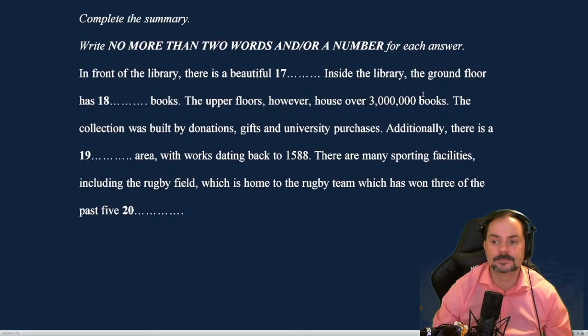As we step into the library, I think what you'll notice at first is the fact there are no books. Indeed, there are no books at all on the entire ground floor. On the 5 upper floors, however, there are over 3 million books. The library's collection has been built over time through private donations, gifts from former students, as well as university purchases. There is also a special collections area where there are original works dating back to the year 1588.